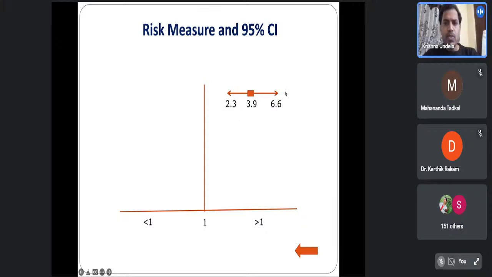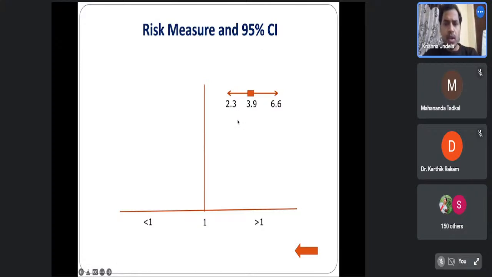The remaining 5 times, it may be more than 6.6 or less than 2.3. The remaining 5 times, we leave for chance. So we are 95% confident that the value will be between 2.3 and 6.6.